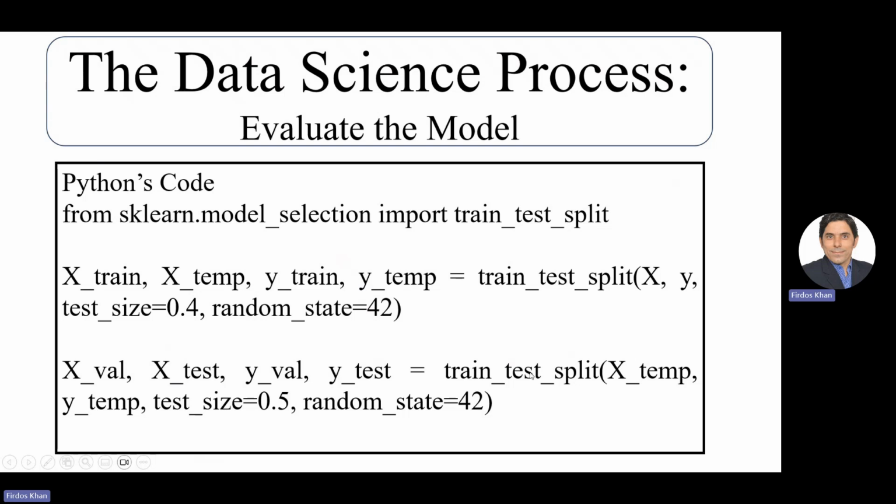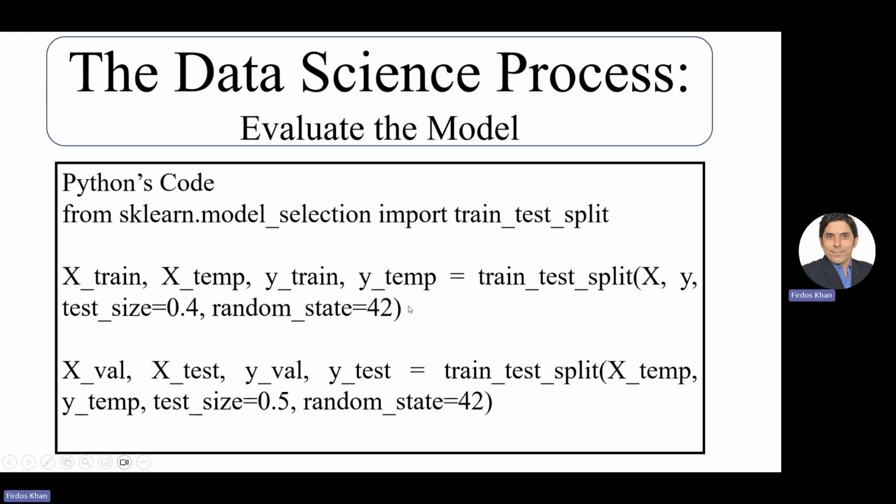So you need to use the same command again, to divide x_temp and y_temp into 2 parts. The size is 0.5, so 50%, with randomization.